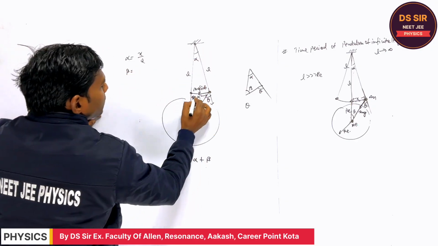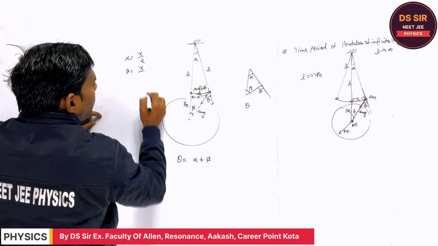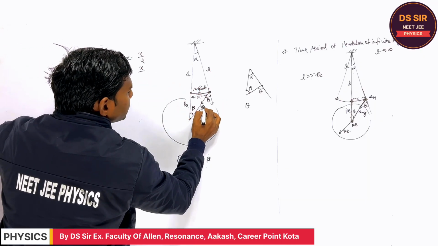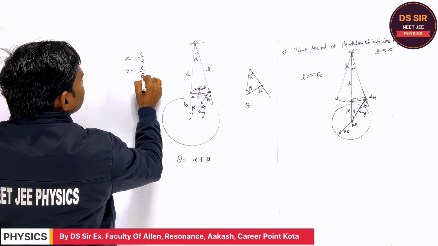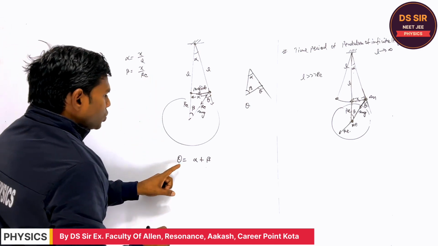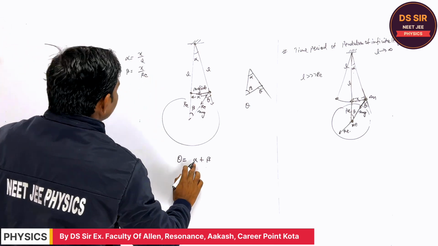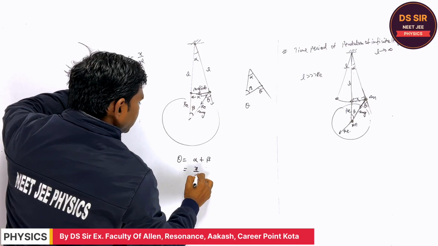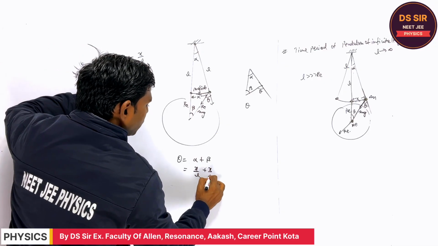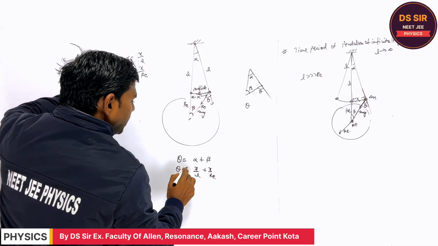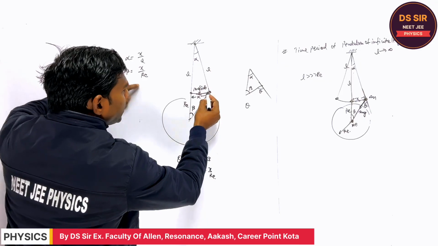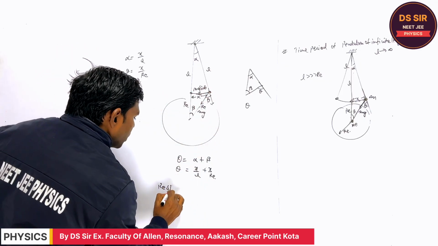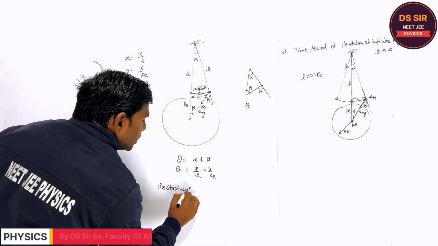Angle is equal to arc upon radius, this is R_E. Is it clear or not? So here theta is equal to alpha plus beta, that is x/L plus x/R_E. This is the angular displacement theta. So now you can write the restoring force. What is the restoring force?